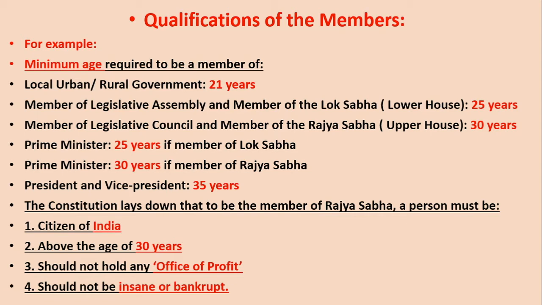He should not hold any government job. And next is he should not be insane or bankrupt. Means the court should not have declared him bankrupt, or the court should not have declared him insane. So these are the qualifications required to be the member of Rajya Sabha.